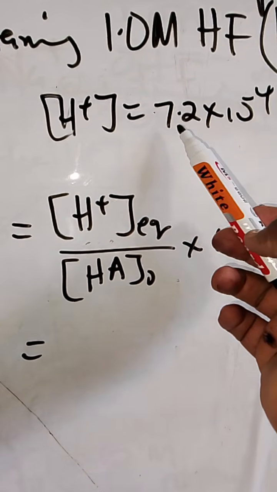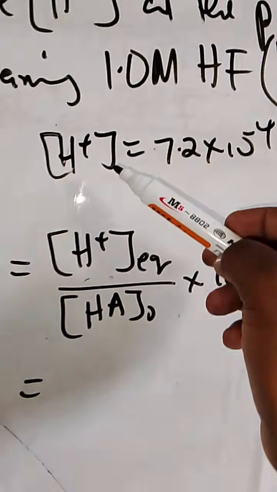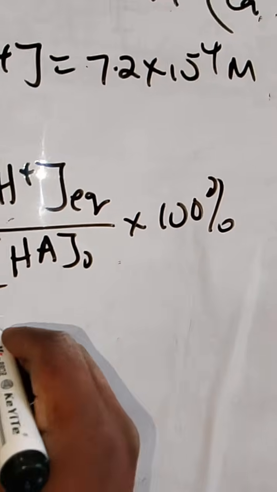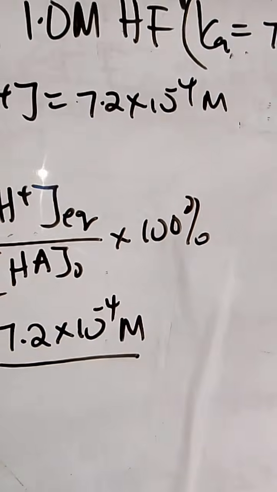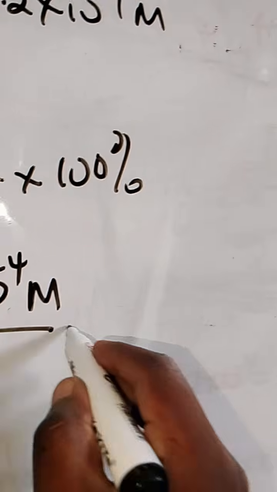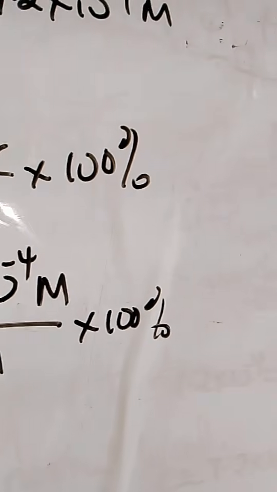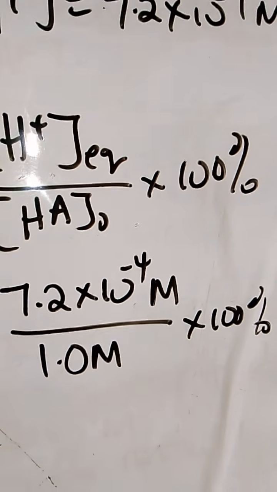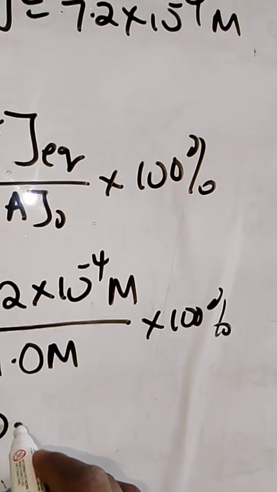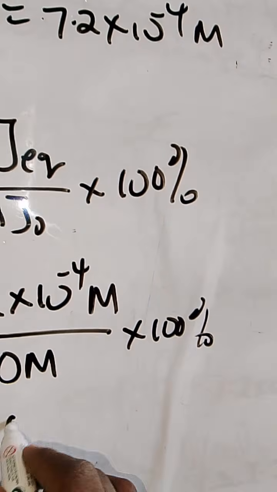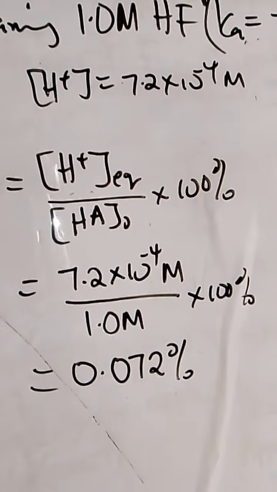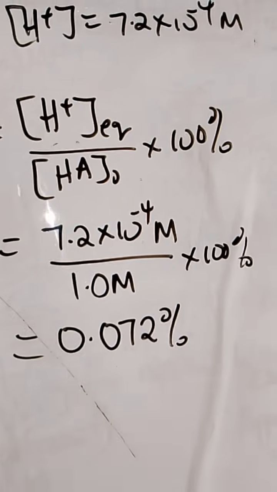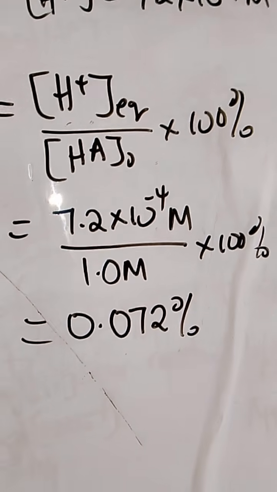The equilibrium concentration of hydrogen is what we have calculated, 7.2 times 10 to the power negative 4 molar, over the initial concentration of the acid, 1.0 molar, times 100 percent, of which when we divide we are going to get 0.072%. So this is the percent dissociation in the presence of the common ion.